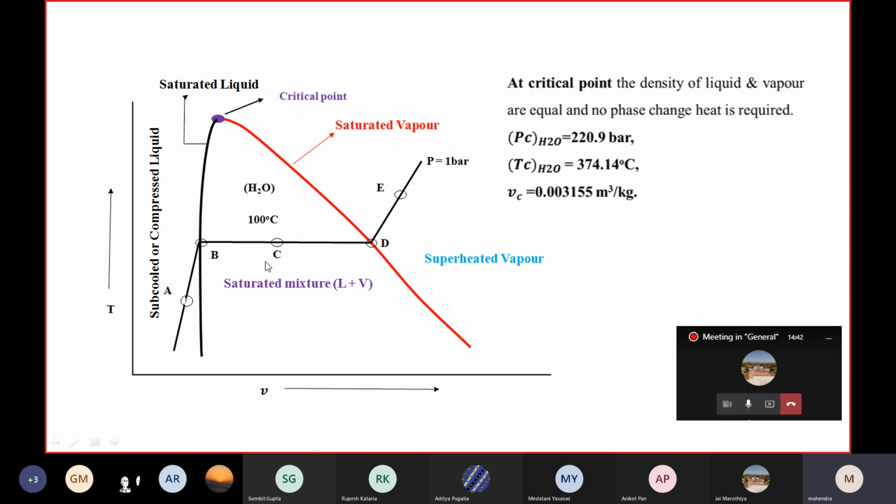Sometimes in the mixture zone, sometimes in the subcooled zone, sometimes in the superheated zone, then we are impinging upon the turbine. Then it is coming like this, then it is coming in the mixture zone again, then it is passing to the condenser.